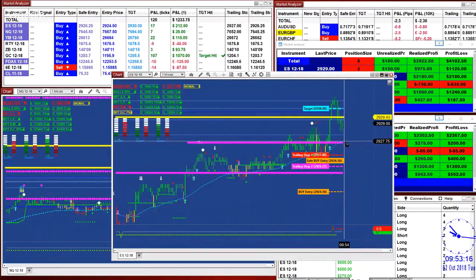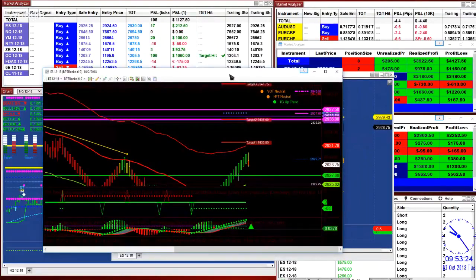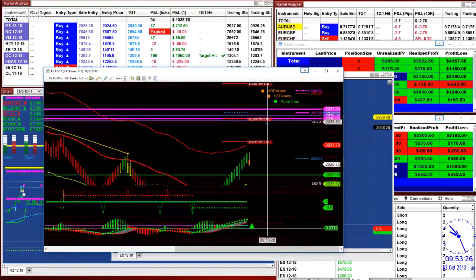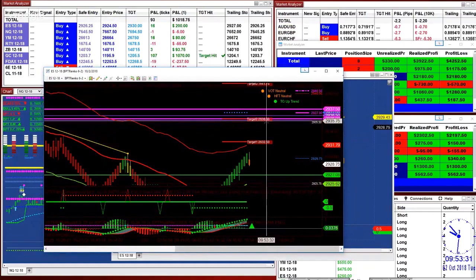If we have a pullback at 29.27, I need to see it. Or if this ES tries to go over the band and then a double resistance, then we can nail the short trade all the way from the top to the bottom.